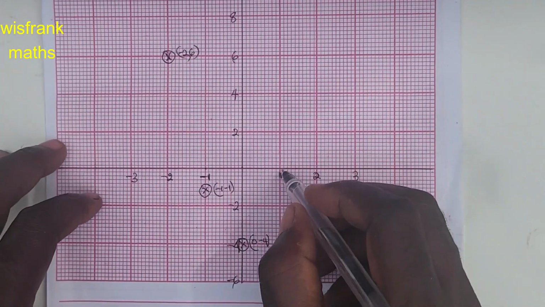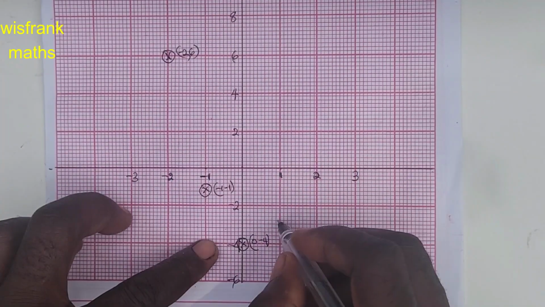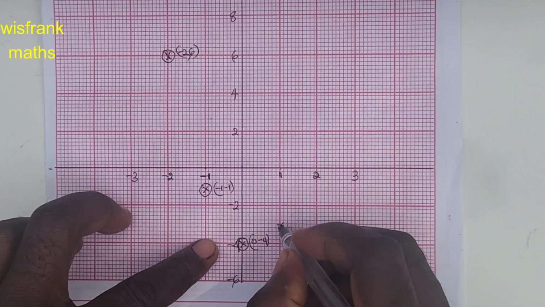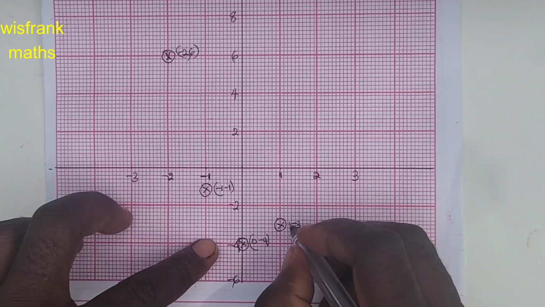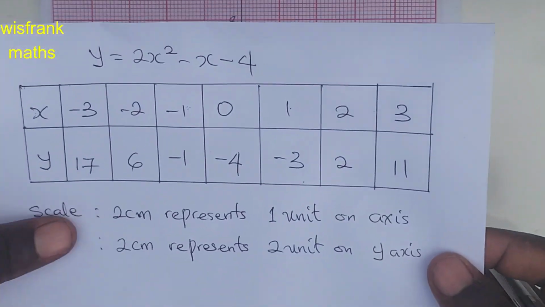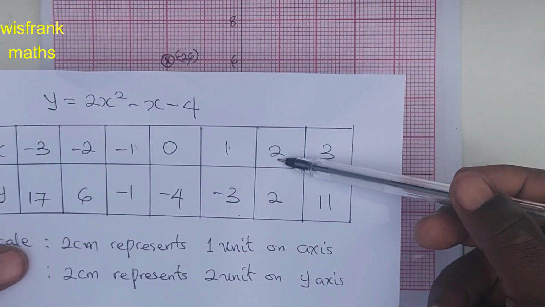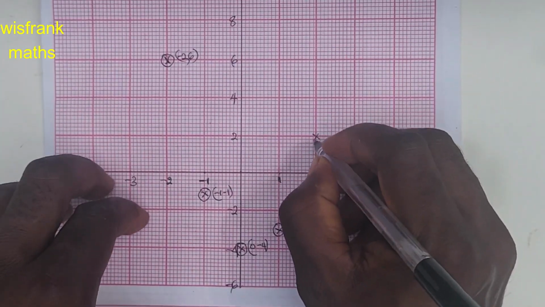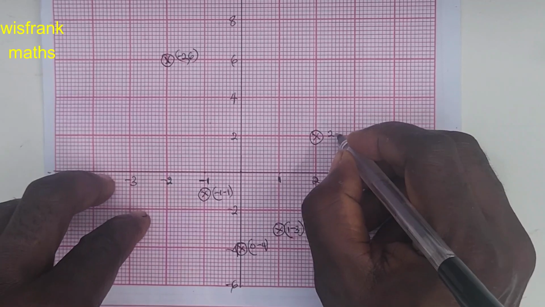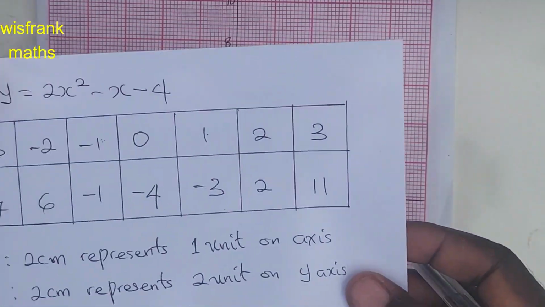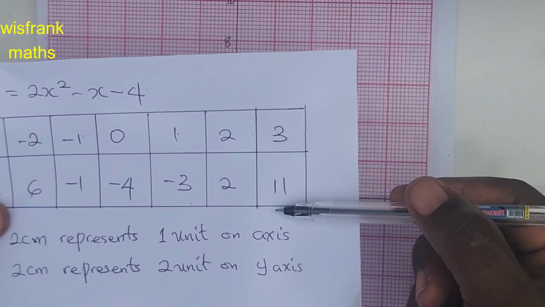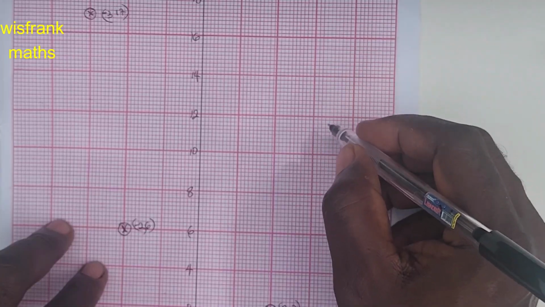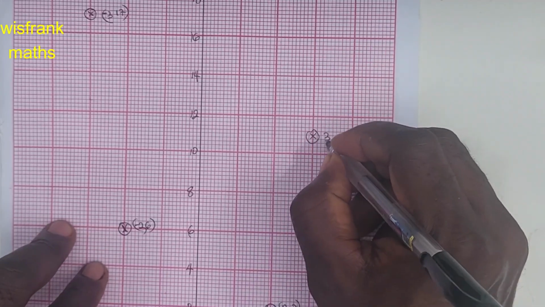So here is 1 and -3. The next point, we have x-axis as 2, y-axis as 2. So 2, 2. So the last point, we have x-axis as 3, while y-axis is 11. Our 11 is here. So we have 3 and 11.